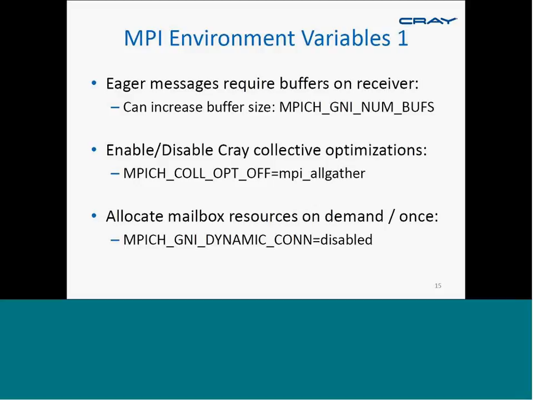There's a bunch of different calls that might be happening. And additionally, the mailbox resources associated with that small message mailbox I talked about are generally allocated on demand by default, and so that can hurt performance.